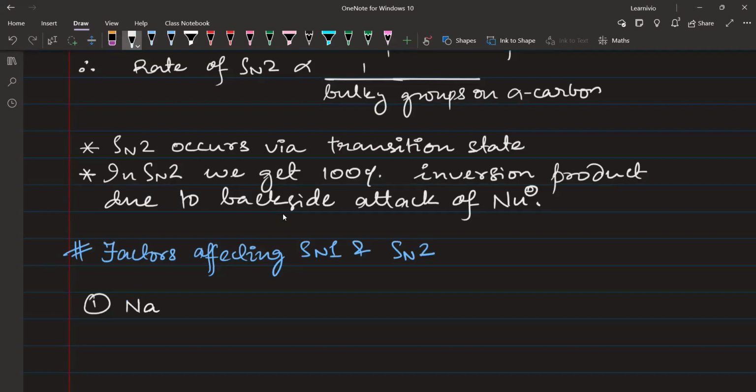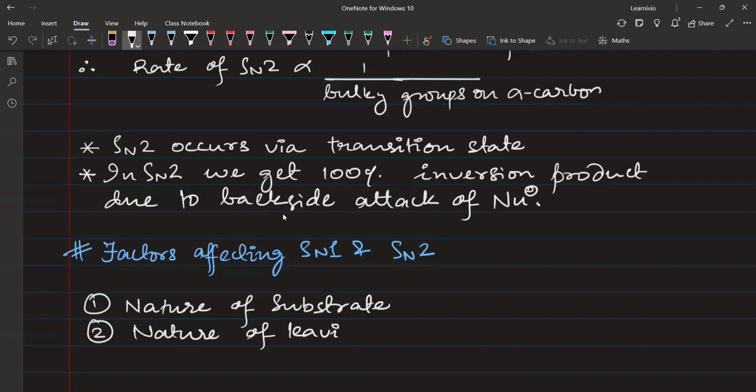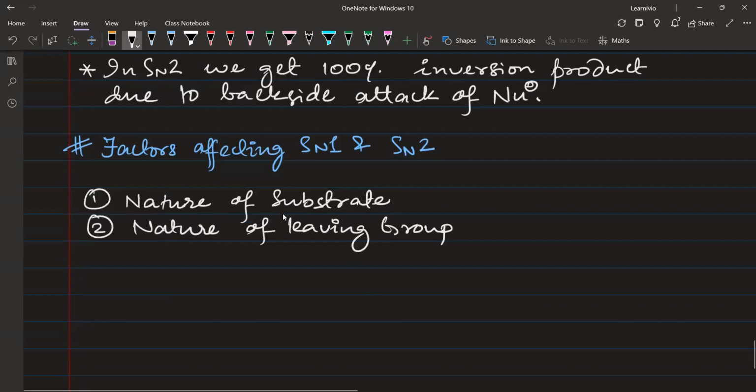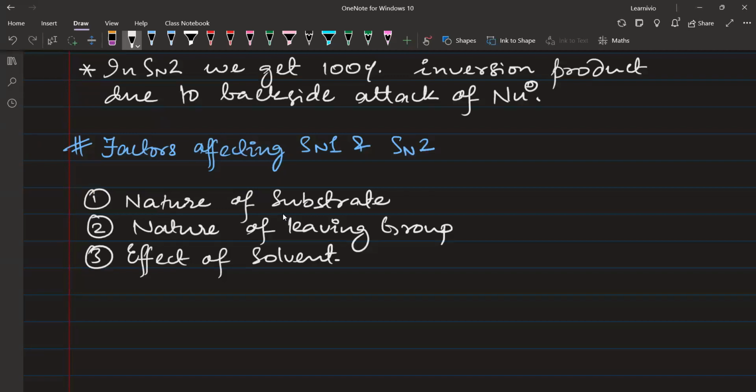What type of substrate we are having? We are going to look at the structure and the properties of substrate. Second, we are going to look at the nature of leaving group. How good is the leaving group? And third, there will be also effect of solvent. What type of solvent you are taking? Okay, but these factors we are going to look at them in the next class.